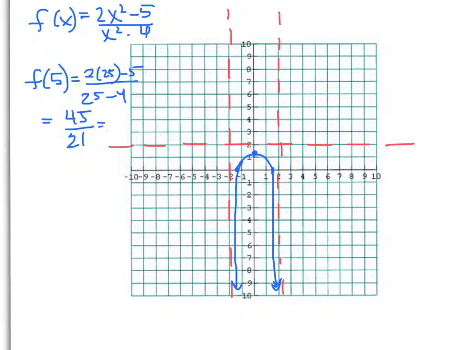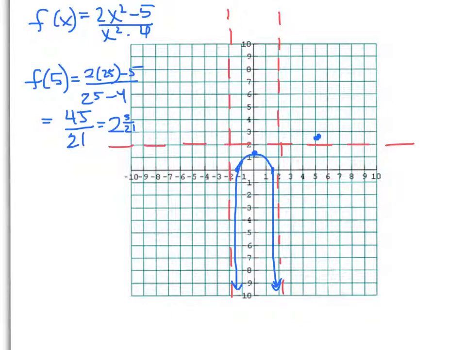So this would be 2 and 3 over 21, that's really 2 and 1/7. So the idea is if x were 5, this comes out to be a little over 2. So it puts my point right somewhere about there.